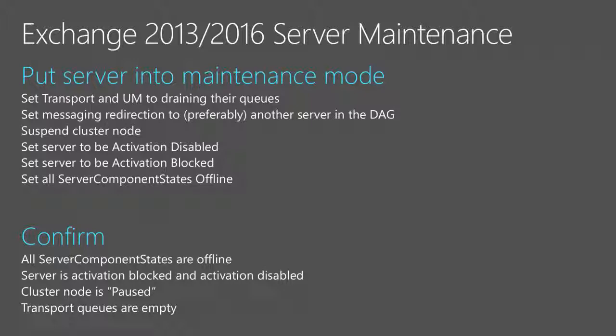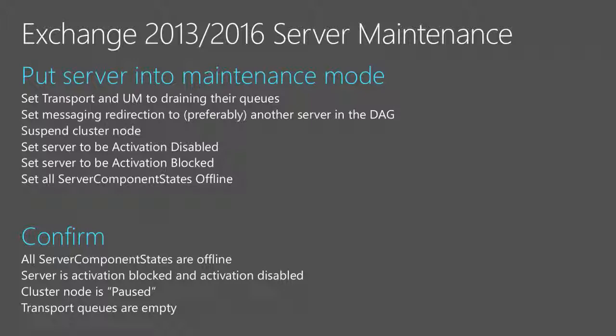And then there's that feature called Managed Availability that has that response capability. It can take action if it sees things. You'll also need to turn that off so that it doesn't do something like reboot the server while you're trying to do something on it. And then I always like to also confirm these things before I actually do the maintenance. So it's one thing to initiate the command to drain the queue, but it's another thing to actually have an empty queue.